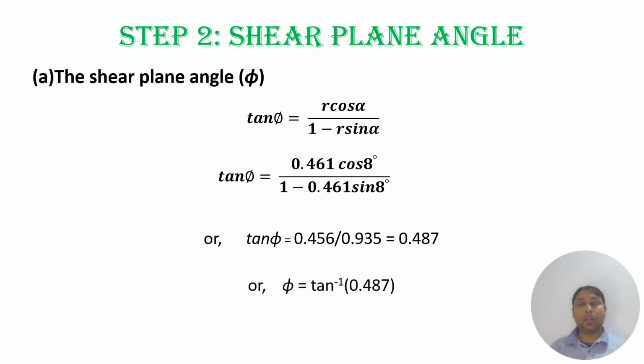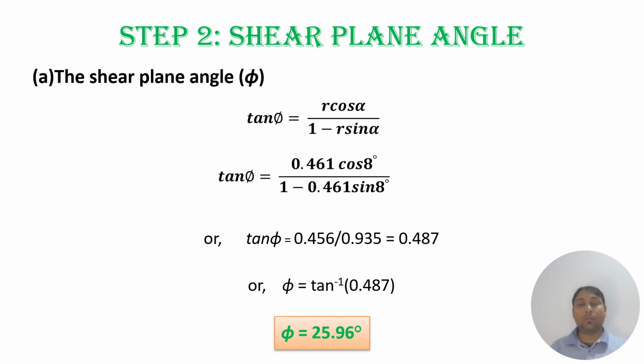Once you have found the value of tan phi, we have to find the value of the shear plane angle, that is phi. So you have to move the tan to the left-hand side as tan inverse, put it in your scientific calculator and find the value of phi. The value of phi comes to 25.96 degrees.